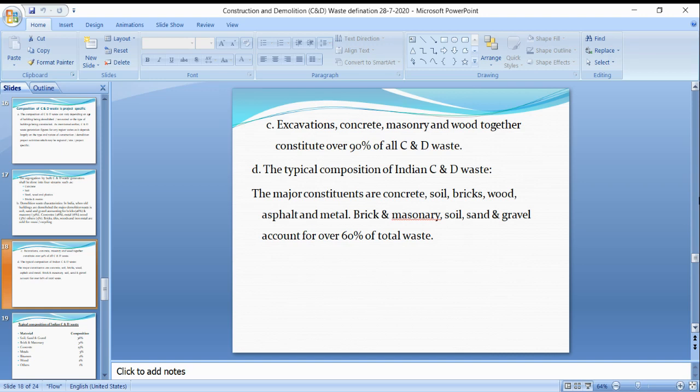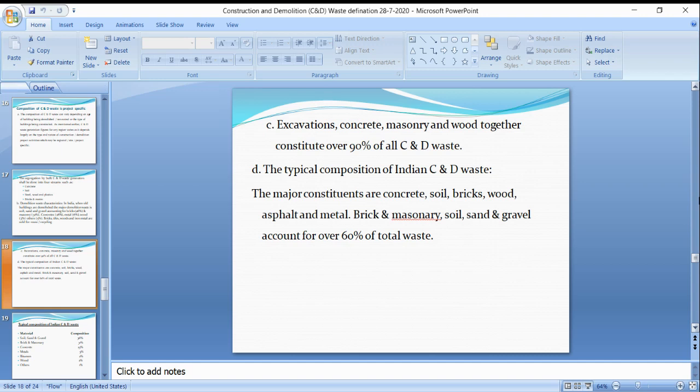You can see at the time of excavation, the concrete is the waste, and also the masonry, whether the stone masonry or the brick masonry or the concrete masonry, and wood together constitute 90% of the solid waste it is generating.